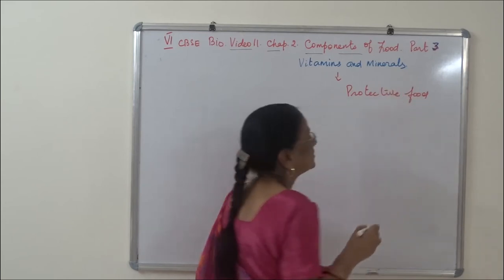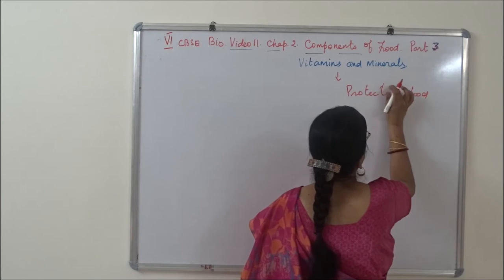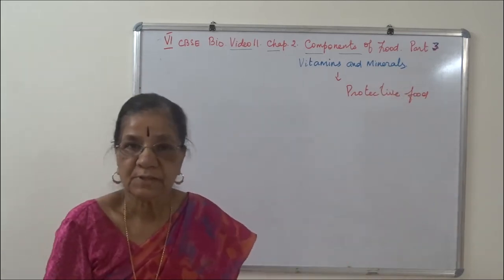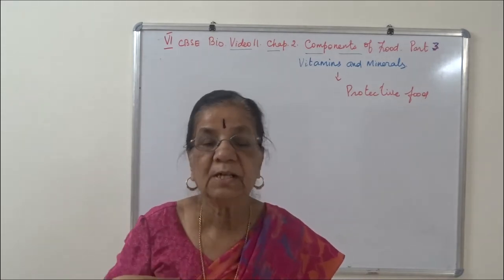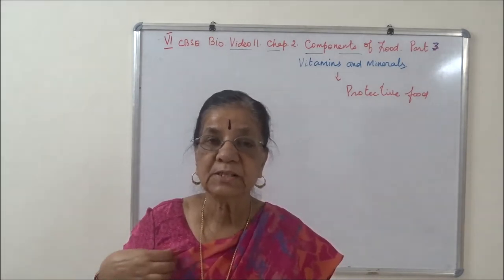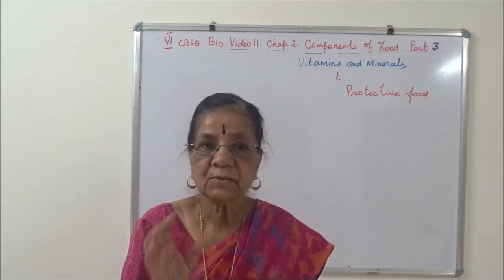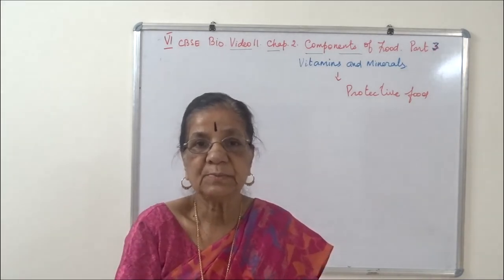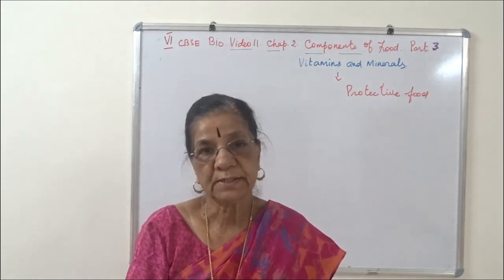From where is it protecting us? It is protecting us from diseases of various types. And at the same time, these vitamins and minerals are required only in minute quantity.